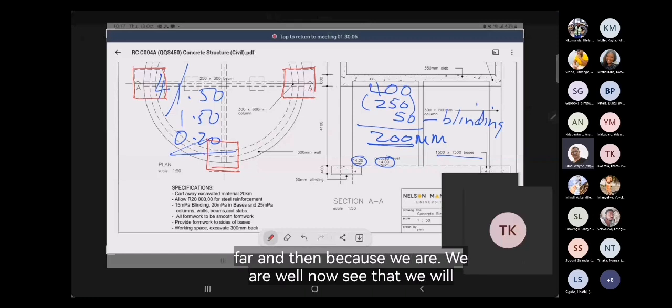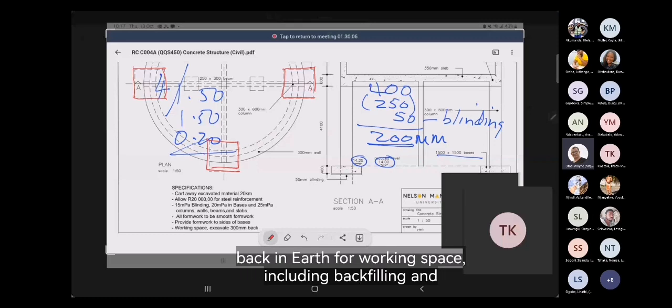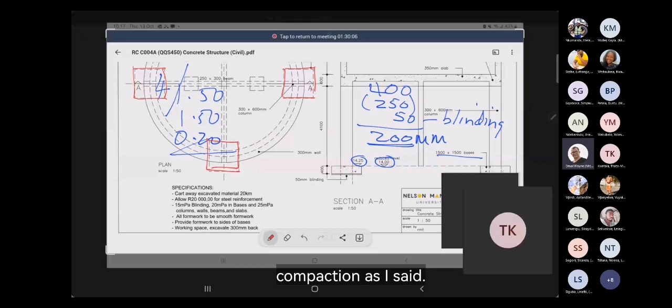we will now have our working space excavated. So we excavate back in earth for working space, including backfilling and compaction, as I said.